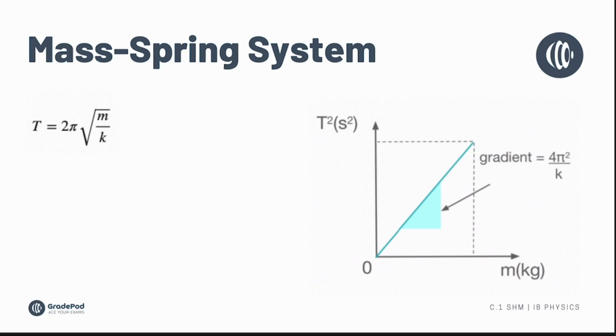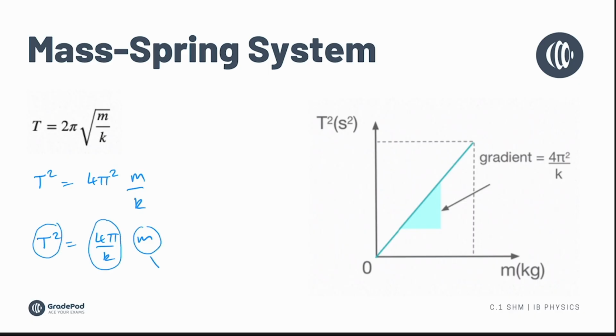And I'm going to explain this graph in a second. Let me just go back to this equation first. T is equal to 2 pi, the square root of m over k. I'm going to square both sides. T squared is equal to 4 pi squared m over k. I'm going to rearrange it slightly. T squared is equal to 4 pi squared over k, times m. Okay, let's substitute out these.